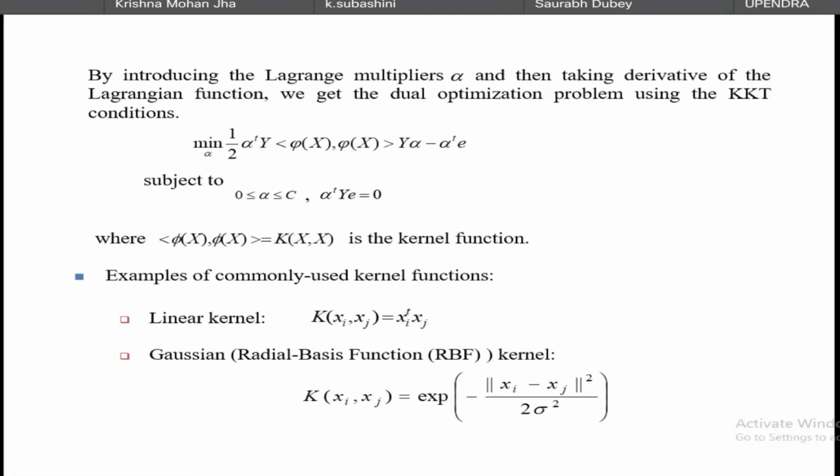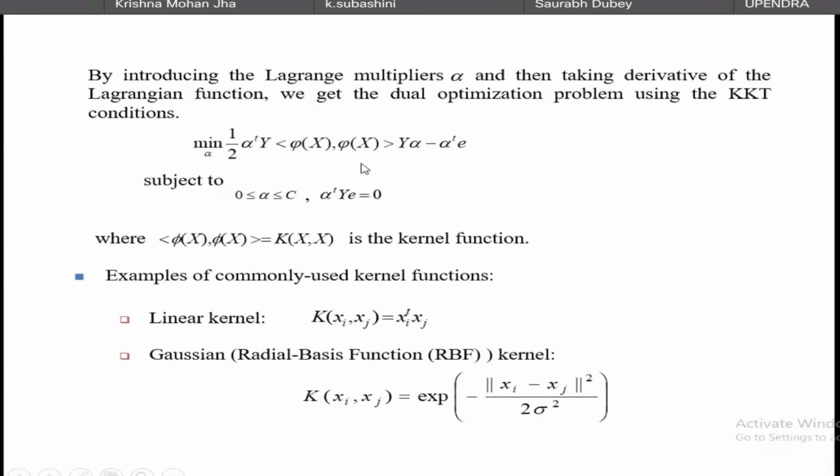One may ask why you are converting this primal problem into a dual problem. You can give the answer in this way: when we don't know the phi(x) function, but we convert primal to dual, in that case you can easily replace this term by some kind of kernel function. That is the advantage obviously.